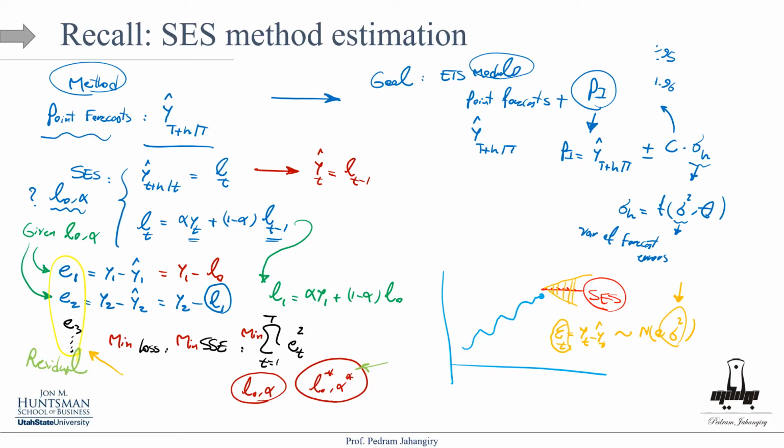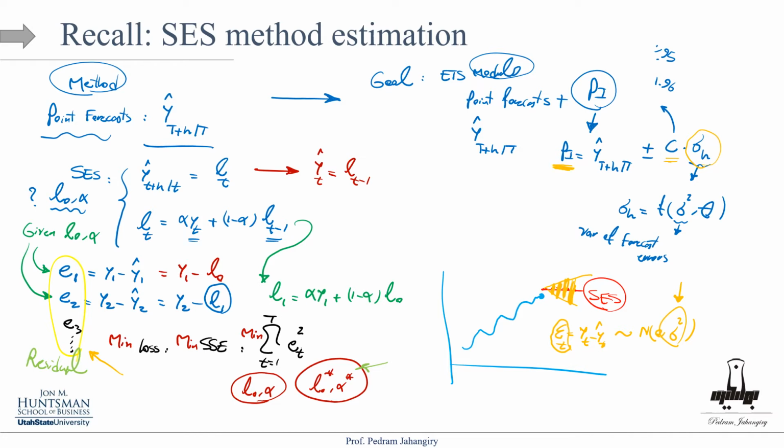Then we can say the point forecasts are this, and now I have some notion of the variance of these things. I can say plus or minus some of those numbers, multiplied by some critical values. This is how we are going to come up with prediction intervals.